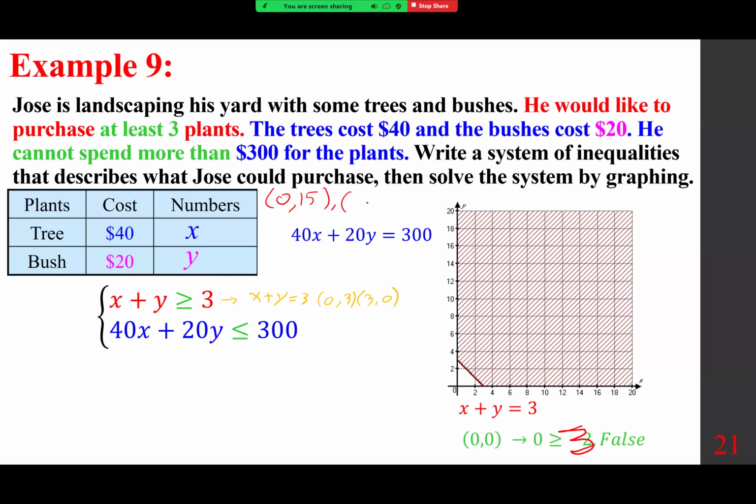If you choose y to be 0, x is 300 divided by 40, 30 divided by 4, 15 halves, or 7.5.